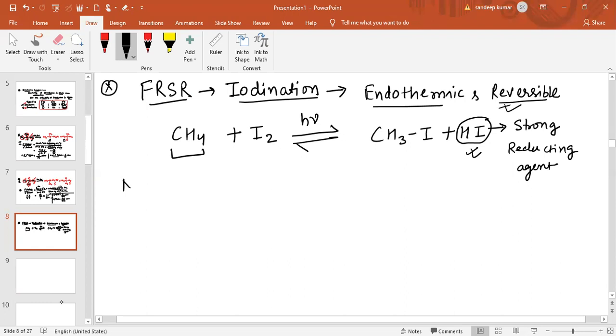So the first point, note point number 1: iodination is a reversible process.